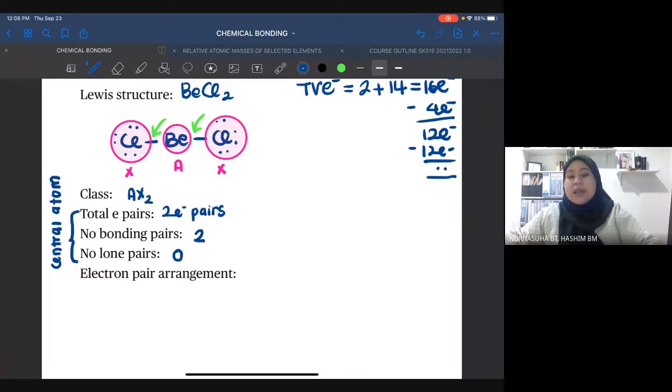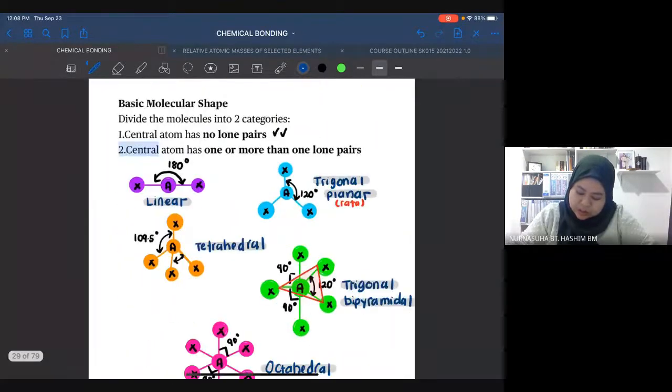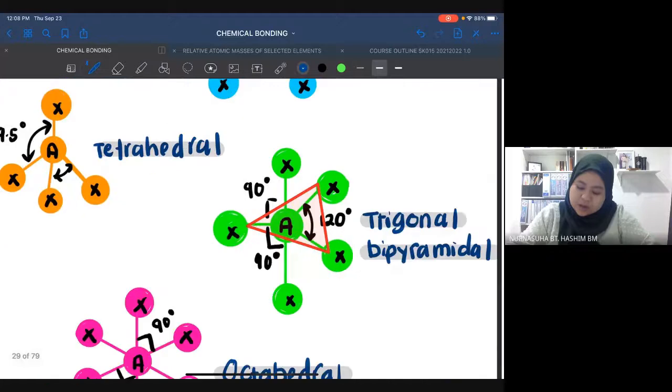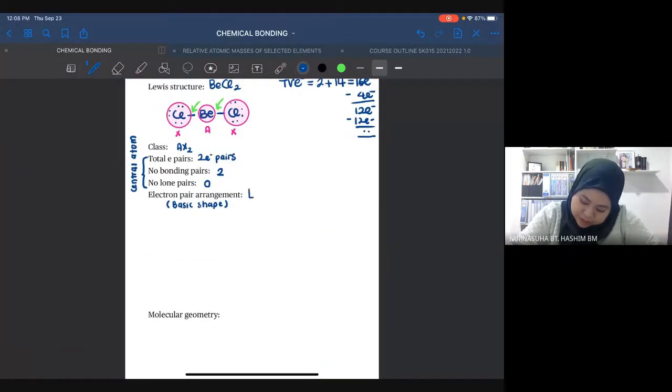Okay, so electron pair arrangement adalah nama lain untuk basic shape. So, electron pair arrangement, kalau AX2, yang ni lah, linear. Okay, so basically, the molecule is linear.